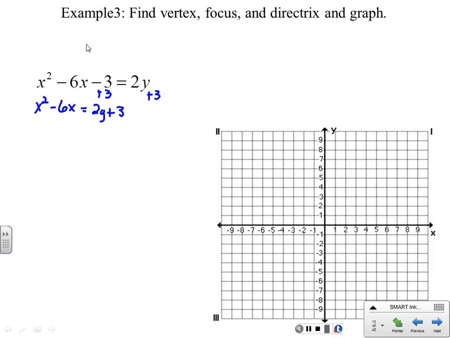Complete the square for X. Yeah, complete the square on the left-hand side. So you're going to have x squared minus 6x plus what? 9. Half of 6 squared is going to be 9. Is going to be 2y plus 3 plus 9.